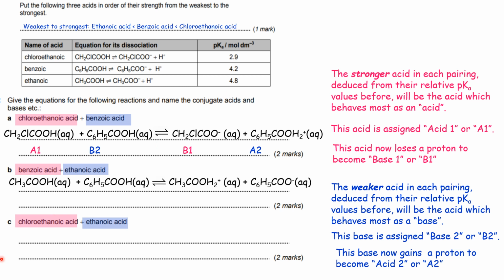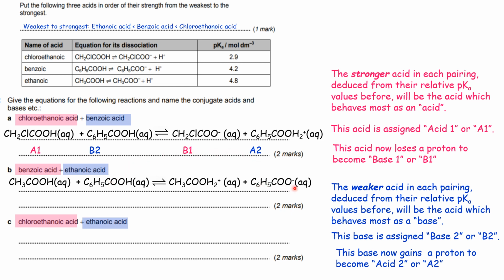So if you put those into an equation, what you always do is whichever is the acid will lose a proton. So we've decided that based on the pKa value of 4.2, that benzoic acid is the stronger of the two. So that's paired up with this species over here.